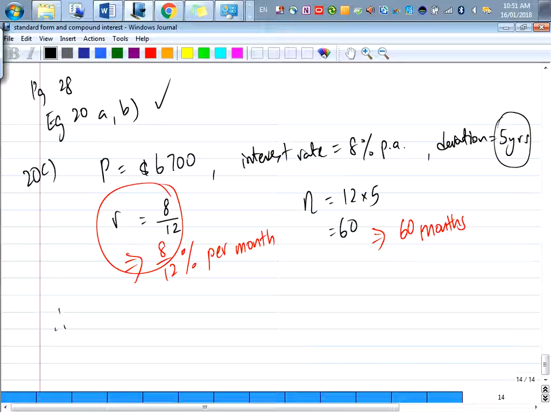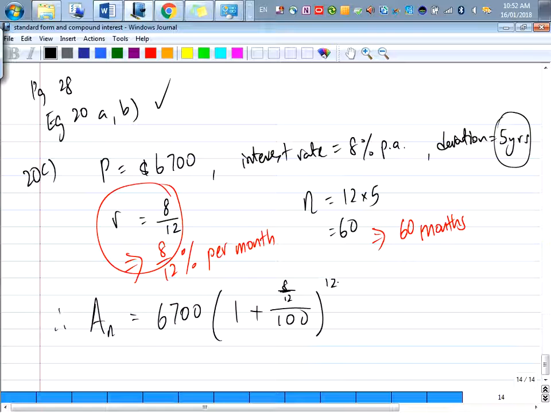So therefore, the total amount, A(n), will equal P, which doesn't change, 6,700, times (1 plus the value of R, which is 8 over 12, over 100) to the power of 60.